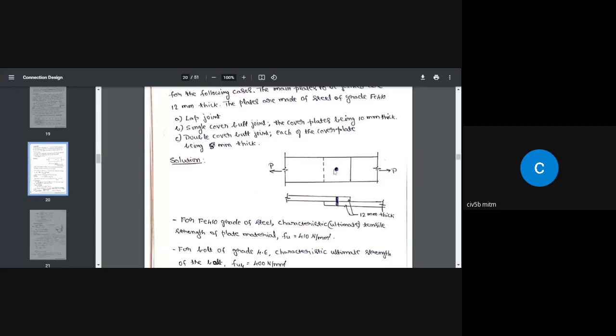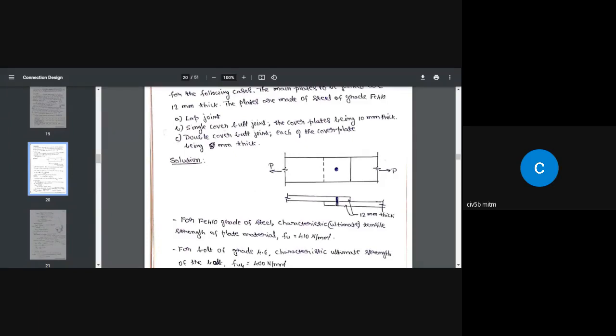Why have I taken 400? When the bolt is pressing against the plate, two materials are pressing against each other. If those two materials have different strengths, which one will fail first? The material having lesser strength, is it not? In this case, the bolt has a strength of 400 Newton per millimeter square and the plate has a strength of 410 Newton per millimeter square.